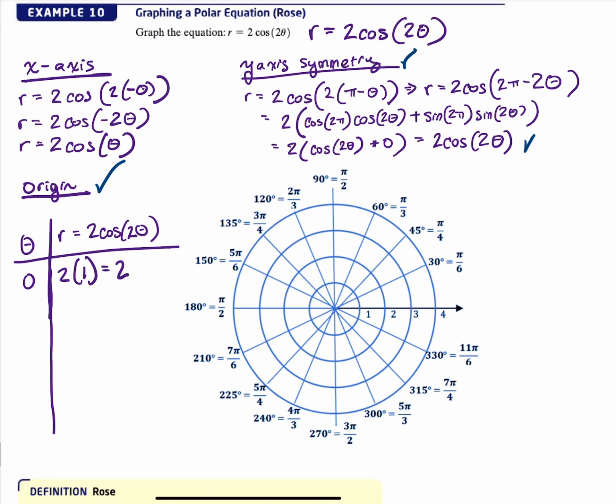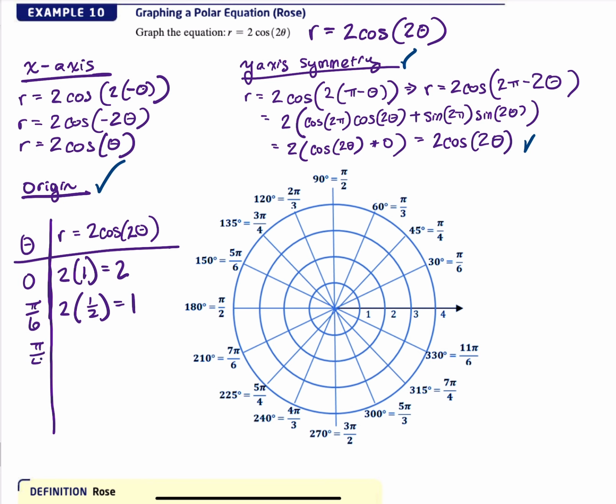So we get 2. Then for pi over 6, 2 times pi over 6 is pi over 3. So the cosine of pi over 3 is 1/2. So 2 times 1/2 is positive 1.